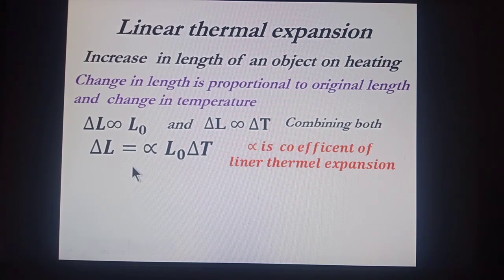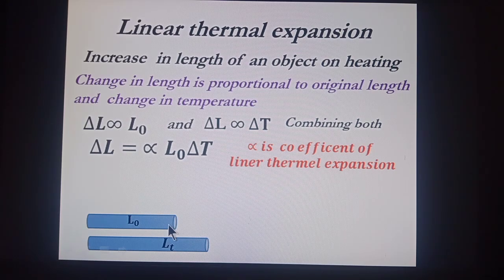Now students, let us consider a rod whose original length, means length before heating, is L naught, and after heating its new length is LT when it is heated through temperature T. So at 0 degree centigrade, its length was L naught, and at T degree centigrade its length is LT. So what is the change in length?